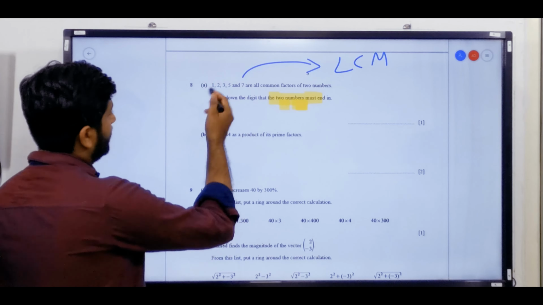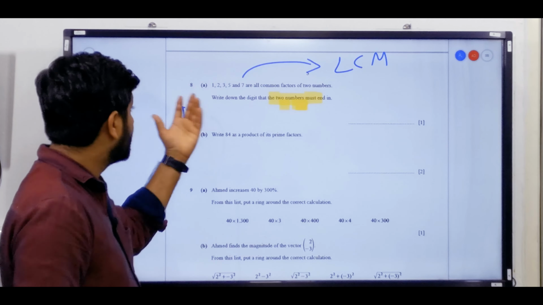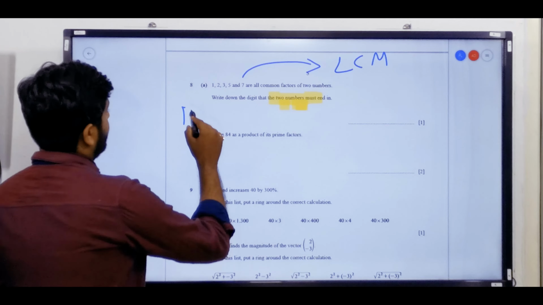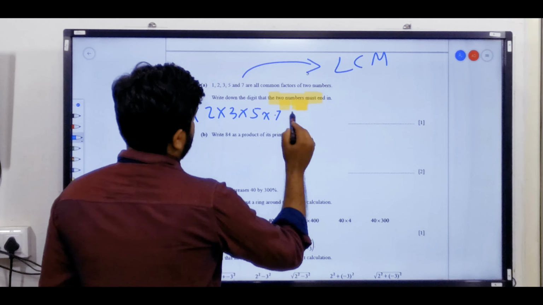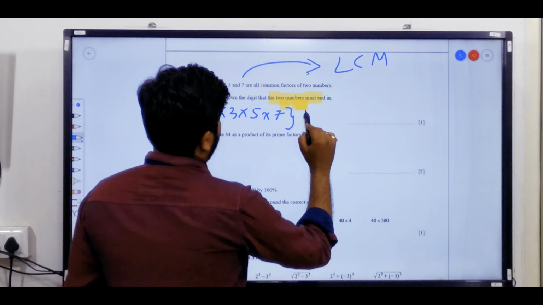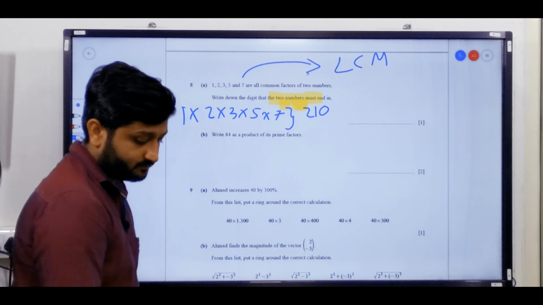So what will be the LCM? As all of these are prime numbers, let us multiply them. So I think the multiplication will come out to be 210.